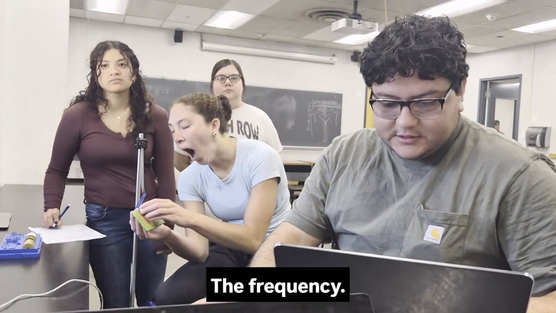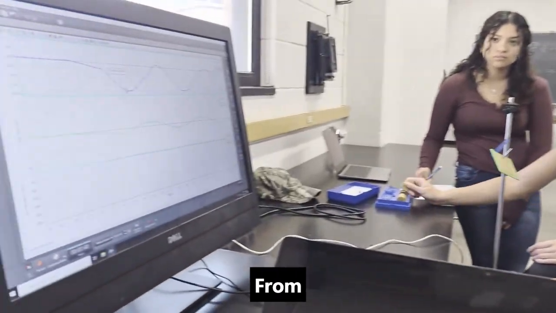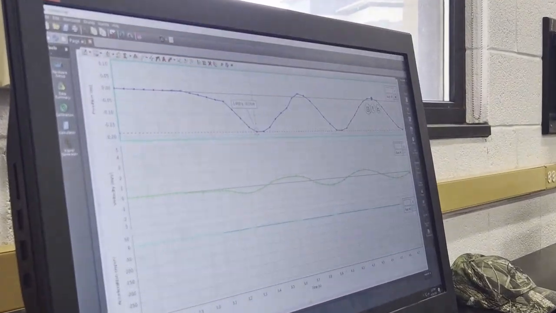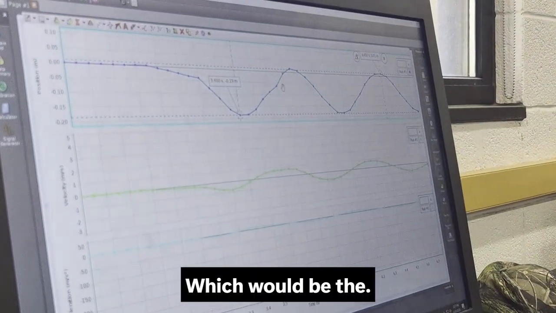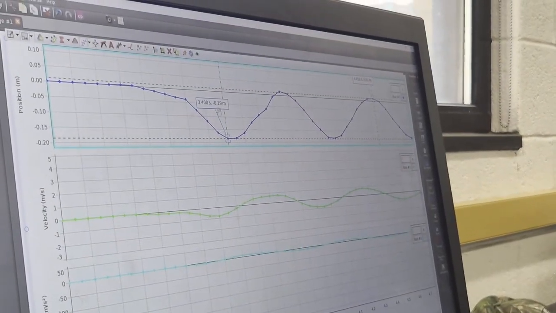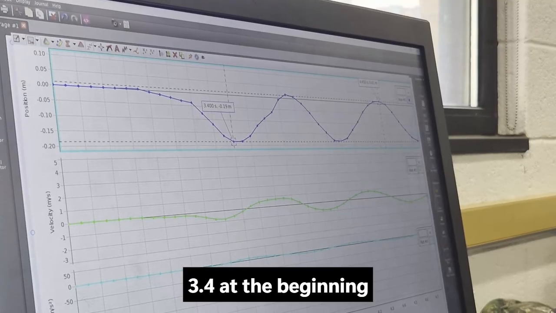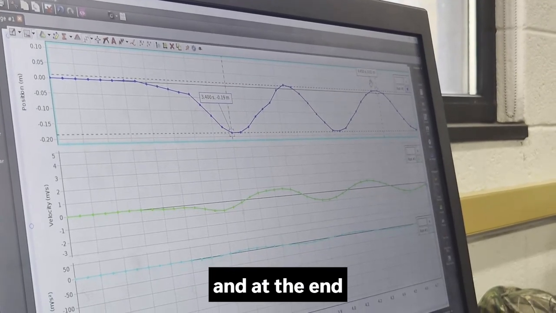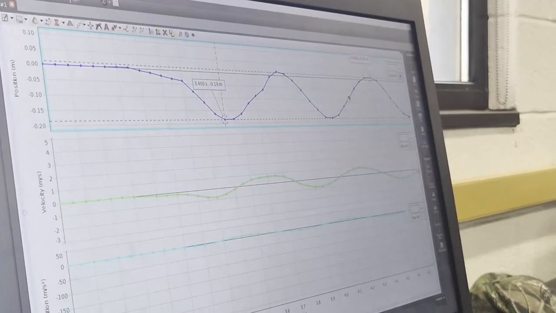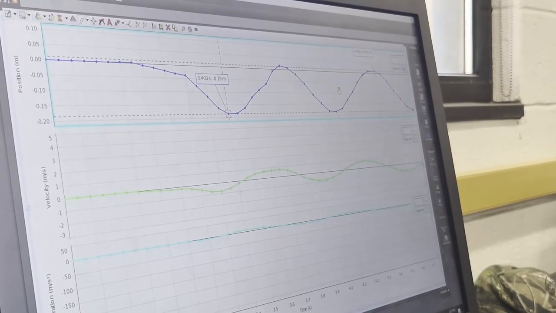The period is from there to here, which would be the 3.4 at the beginning, and at the end it's 4.45. So that's 1.05. 1.05 for the period.